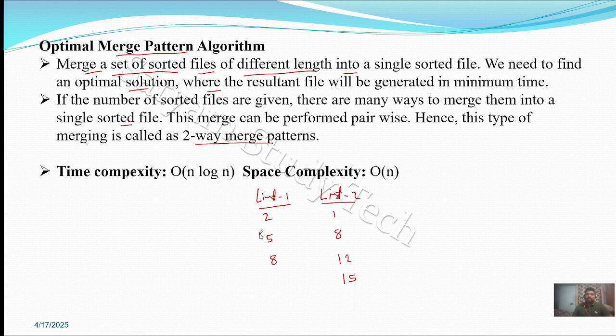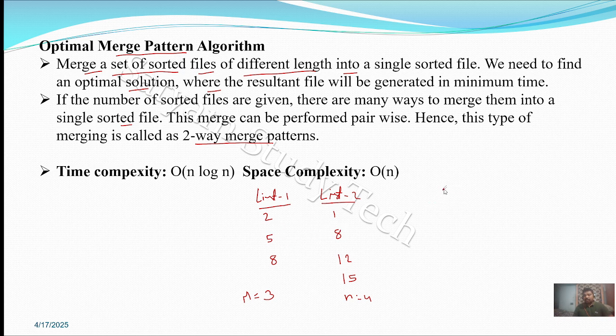The size of list 1 is 3 elements, so m equals 3. The size of list 2 is n, which equals 4. So what is the time complexity of merging these two?